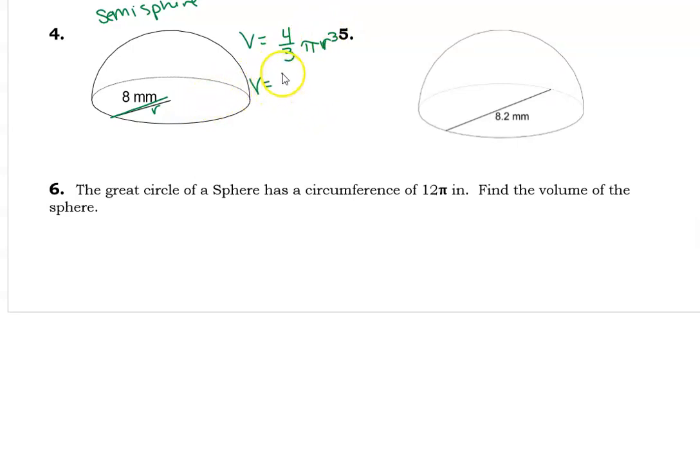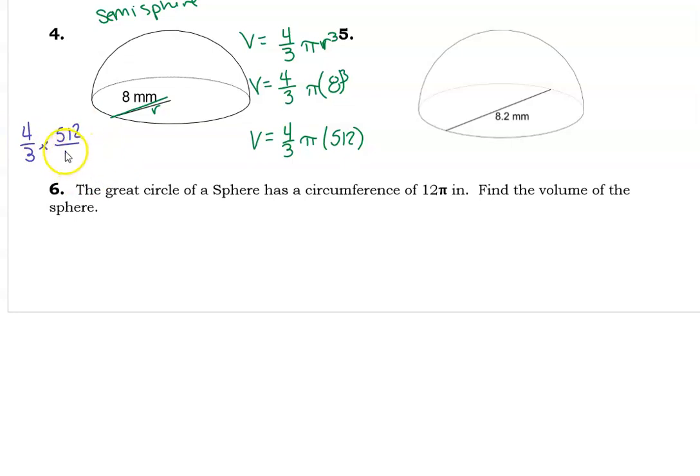So my r is 8, so 4/3 pi 8 cubed. 8 cubed is 512, so volume is equal to 4/3 pi times 512. I'm going to multiply 4/3 times 512. Simplify that.